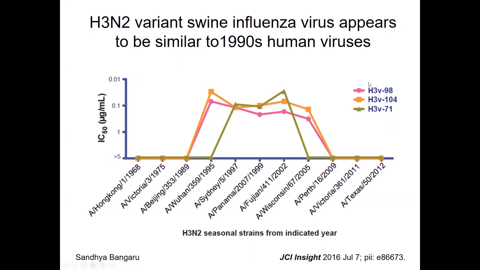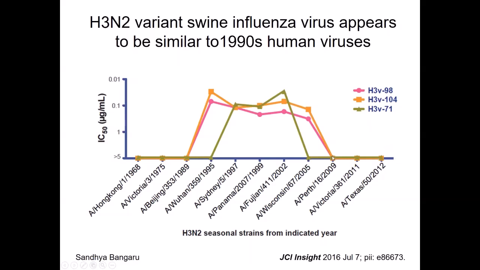These are 3 representative monoclonals from those vaccinees. If we look at the reactivity of these 3 monoclonals, shown in 3 colors, they do not recognize the more recent seasonal viruses that are the progenitors for the HAs that are used in the seasonal vaccines we're getting.